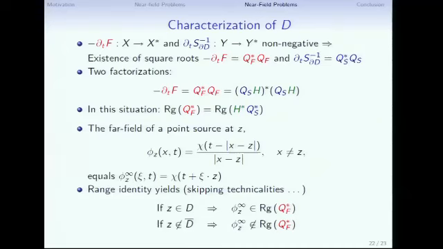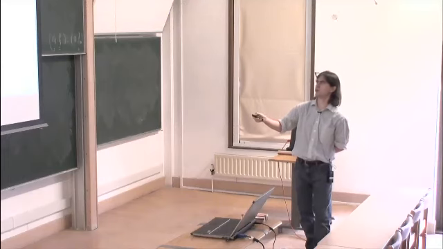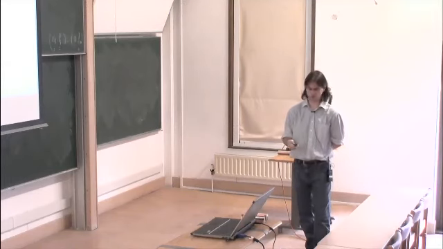Anyway, if you choose it correctly, then if you choose a sampling point inside D, then this function belongs to the range of this square root of dtF. If Z is outside the closure of D, then it does not, which gives you an explicit characterization of D in terms of this time domain far field operator, well, rather of its square root.